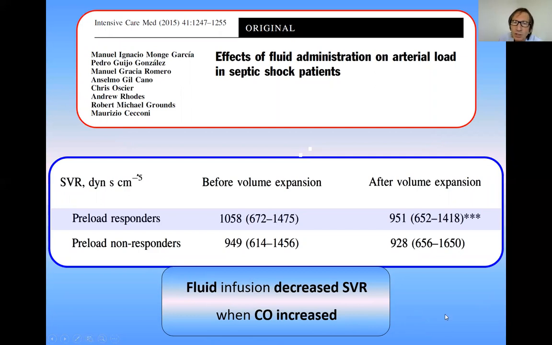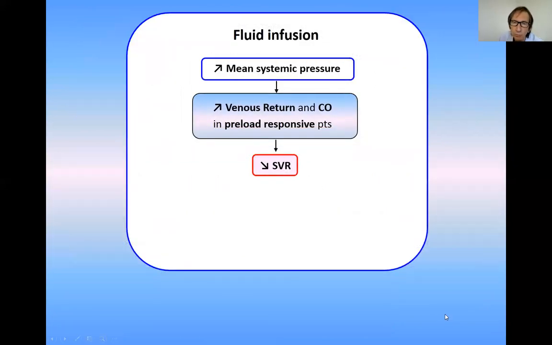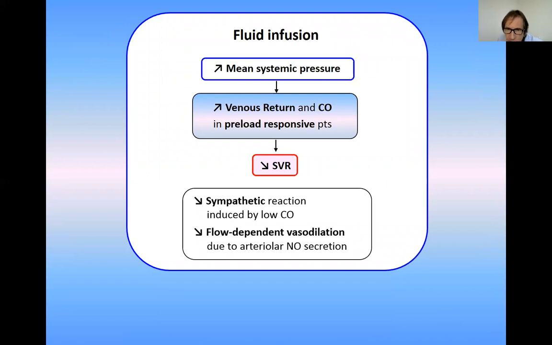This is physiology, and this is due probably to two mechanisms. The first is that when you give fluid, you increase cardiac output in preload responsive patients, and you can reduce the sympathetic reaction which was induced by low cardiac output, and therefore you can decrease vascular tone due to this effect.